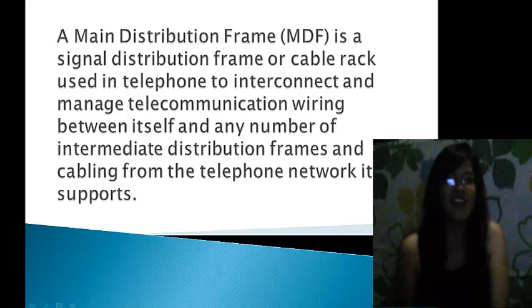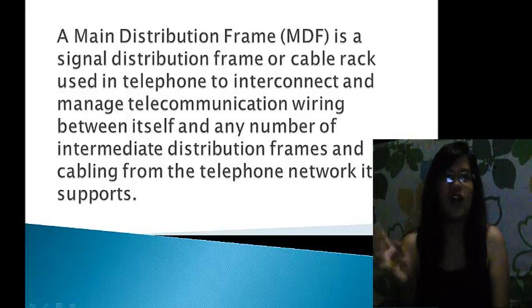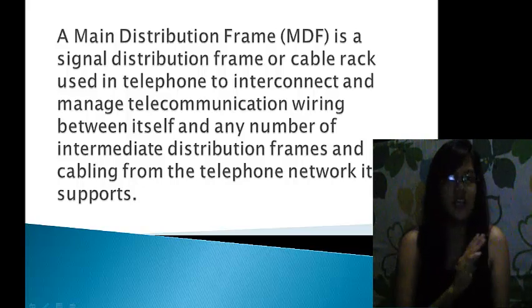For example, an enterprise that encompasses a building with several floors may have one centralized MDF on the first floor and then one IDF on each of the floors that is connected to the MDF.